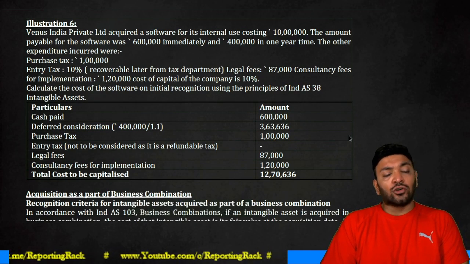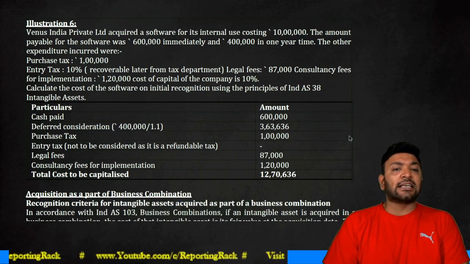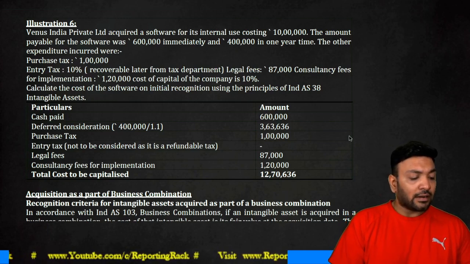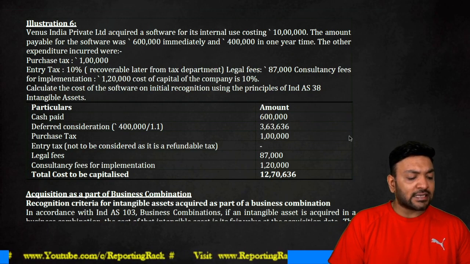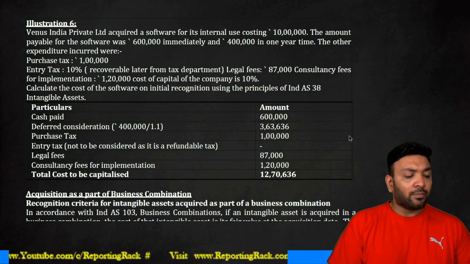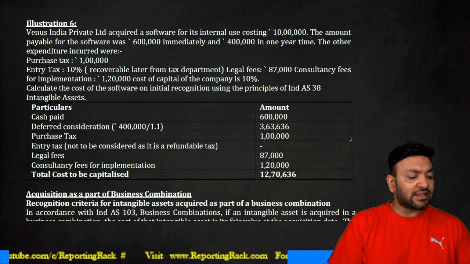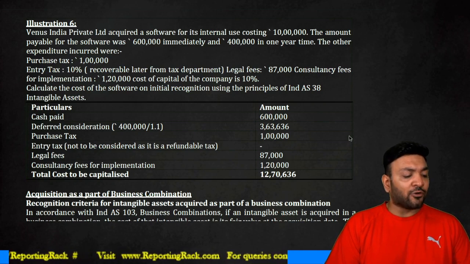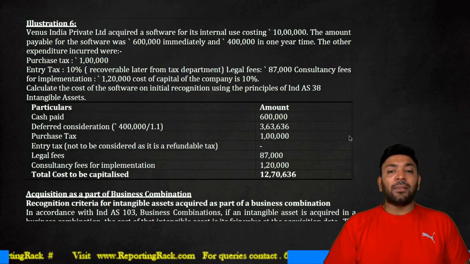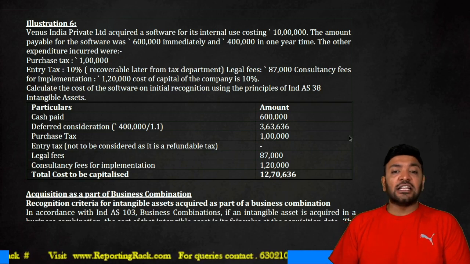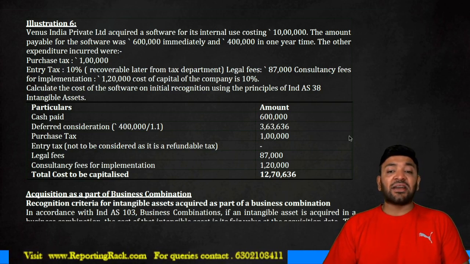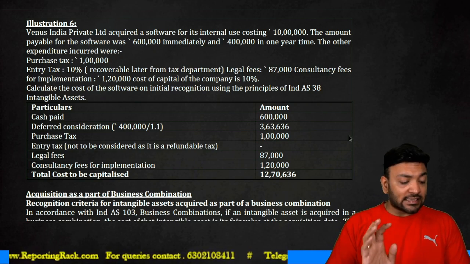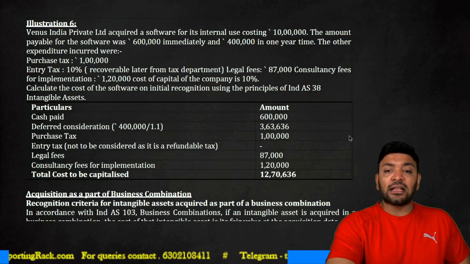Purchase tax of 1 lakh, so 10 lakhs 63,636 plus 87,000 rupees of consultancy charges, plus 1,20,000 for implementation. Therefore, the total cost eligible to be capitalized is 12,70,636. 12,70,636 is the amount eligible to be capitalized. Your answer is absolutely correct.